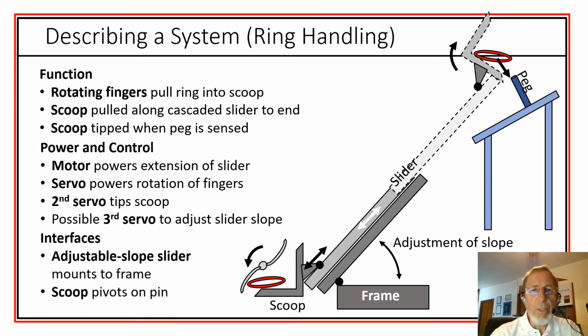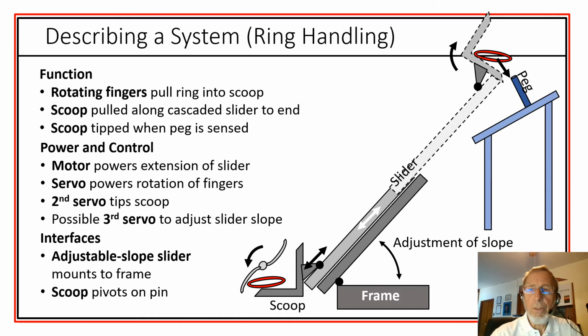We need to think about the interfaces. How is this system connected to or interfaced with other systems? This adjustable slope slider is going to need to mount on the frame, so it will need to have a pivot in some way, some mechanism for changing its slope.